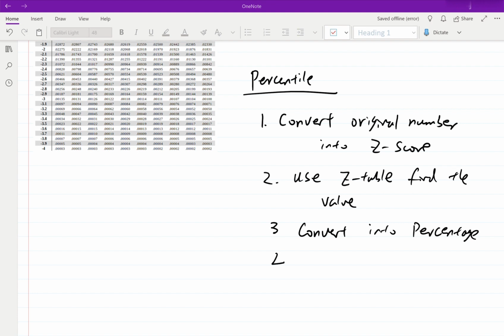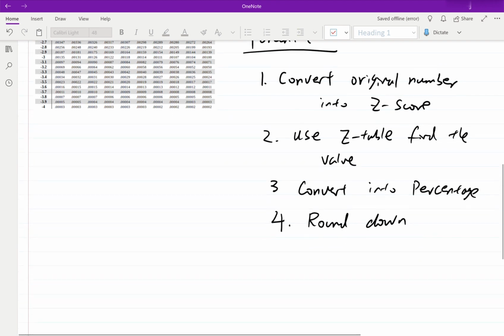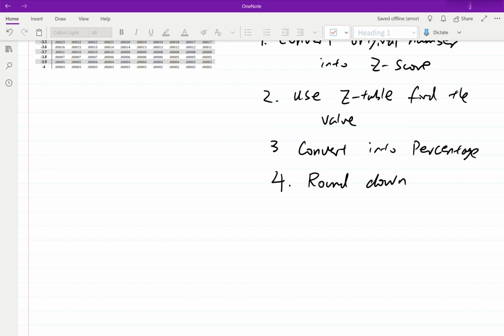Finally, we need to round down the value. What does it mean? Round down means that in Michelle's case, we have 76.73%. And since we want the percentile, we don't want the numbers after the decimal.